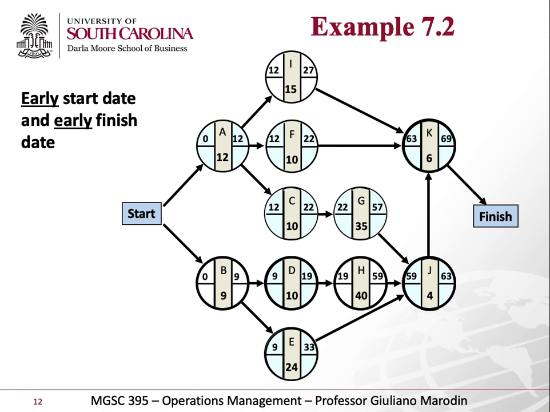And if you guys remember what we did before, 69 was the critical path, right? So it makes sense with all the math that we did before, okay? That's how you calculate earliest start date and earliest finish date. In the next video, I'm going to talk about the lower part of that diagram.